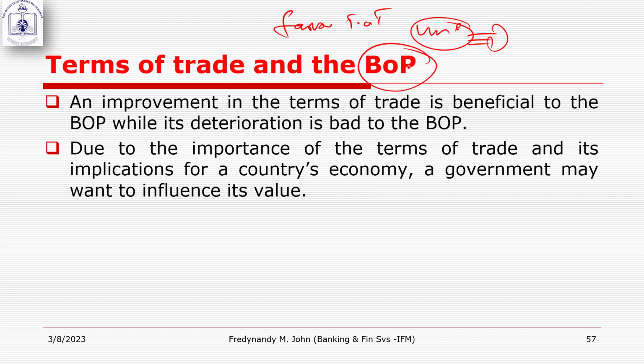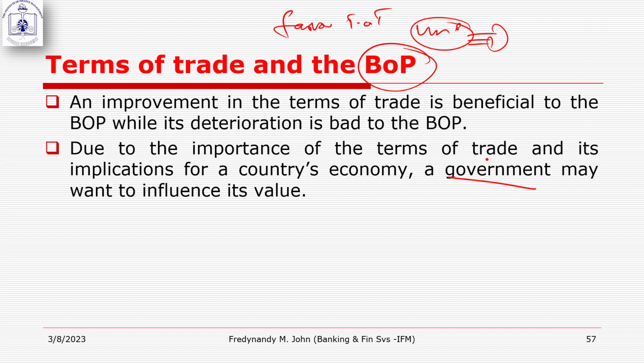So on some occasions, if it's not that bad, you may let it correct by itself. However, in some instances, it might take so long. But if the situation is worsening, then the government needs to interfere.